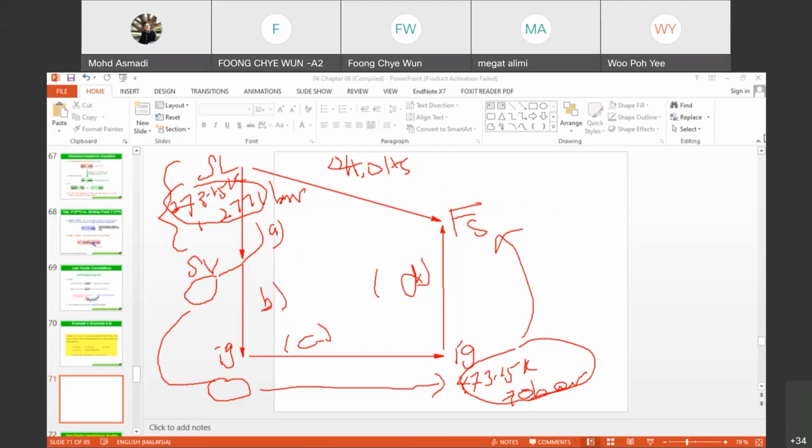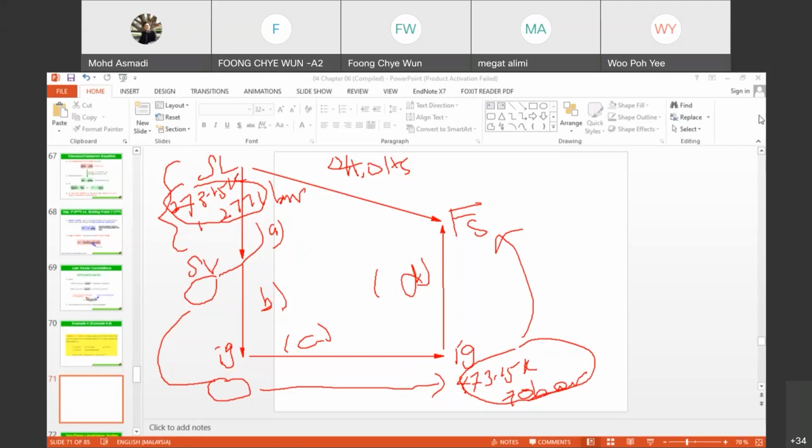One is the Clapeyron. But we have no information here for the Clapeyron. So what equation can we use from the normal boiling point? Trouton's rule. Trouton's, I don't think you can get an accurate answer. So we usually use the Riedel equation as well as Watson. Yes, Riedel equation.